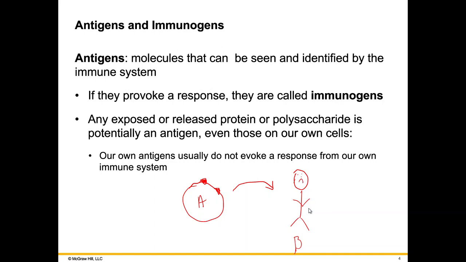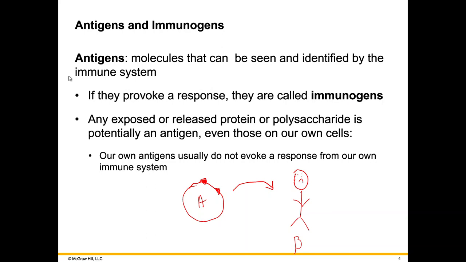Their immune system would recognize those A antigens and they would attack them, and it would essentially, within 10 milliliters, cause death for that patient. So that would mount a severe immune system transfusion reaction. Alright, so that's the difference between antigen and immunogens.